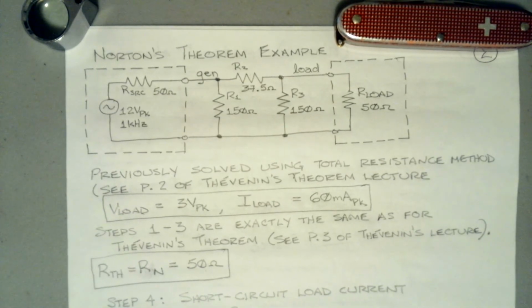The other reason these equivalents are important is that sometimes when we model various sources, we want to model them in the fashion of Norton or Thevenin.